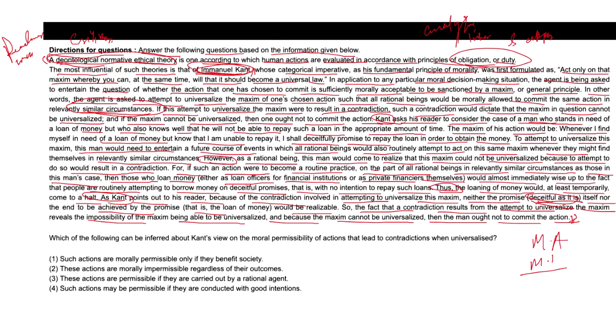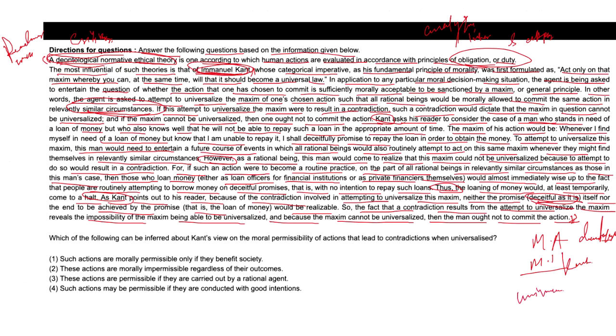ethical theory, specifically his categorical imperative, provides a framework for evaluating moral actions based on their ability to be universalized. According to Kant, an action is morally acceptable only if it can be universally applied without resulting in a contradiction.